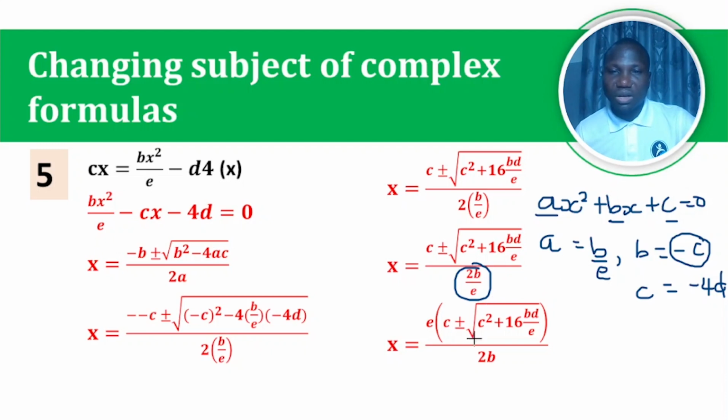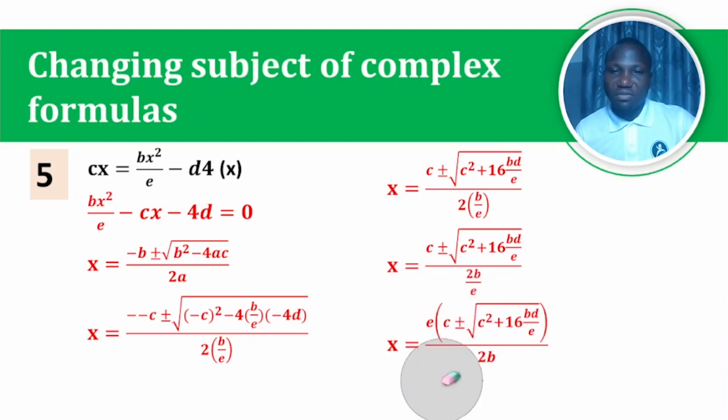So the e here will go up to multiply this numerator. That will give us e open bracket c plus or minus square root of c squared plus 16bd over e, then divided by 2b. This, my friend, will be our final answer.